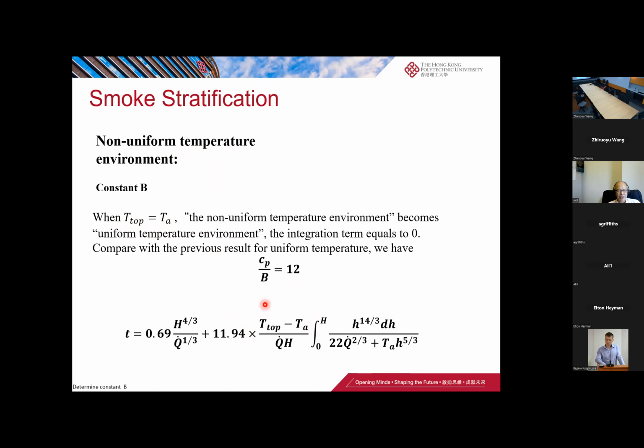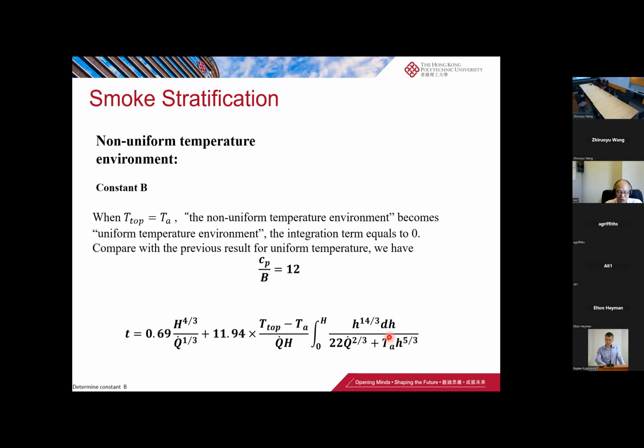For the uniform temperature situation, this equation should give the same results as the uniform temperature equation we resolved before. So based on this connection, we can get the constant very easily: the air heat capacity over the constant equals 12. That's very simple. We replace the constant B, and then we have this equation.